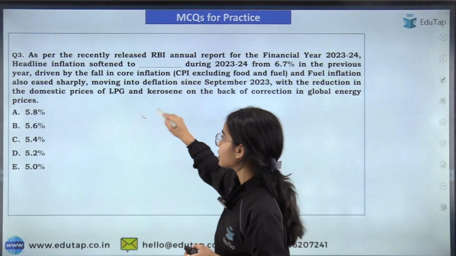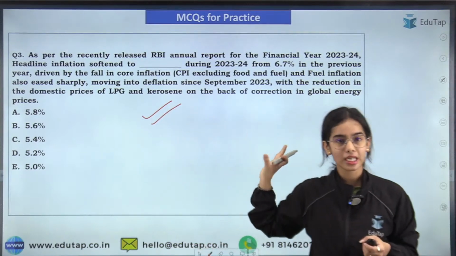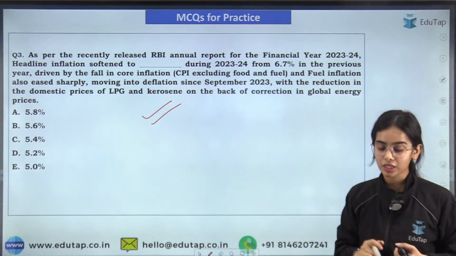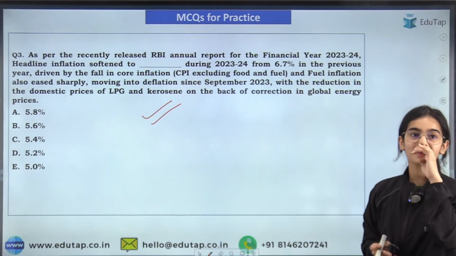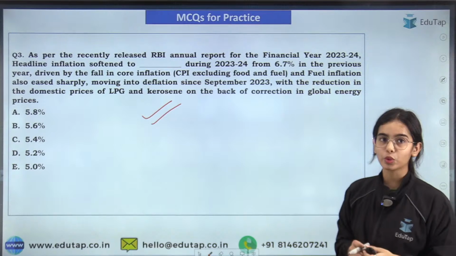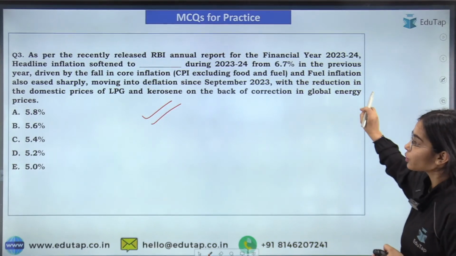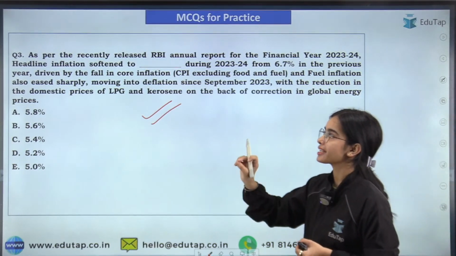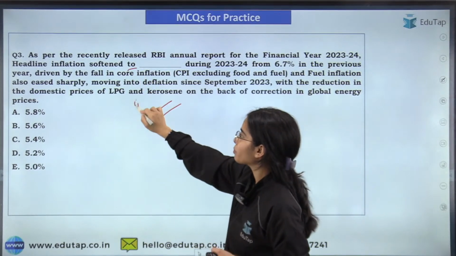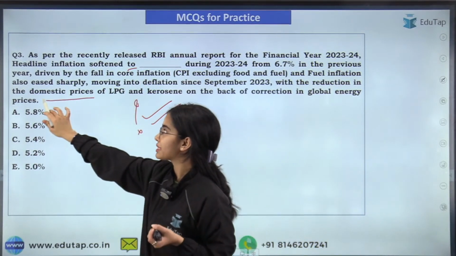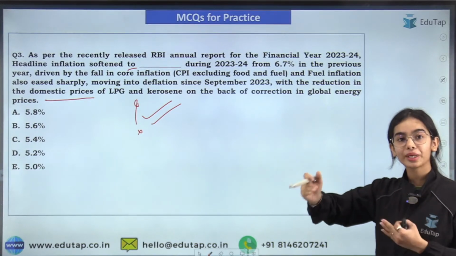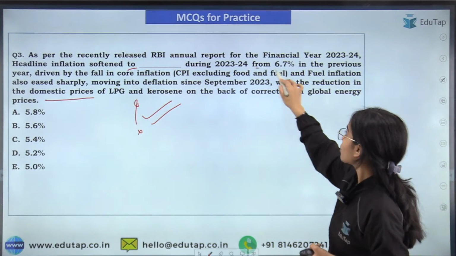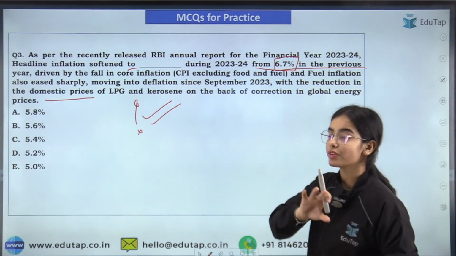So now coming to the third question. I hope the first and second questions are clear. Now coming to the third question, try to answer it. As per the recently released RBI annual report for the financial year 2023-24, headline inflation in India has softened to what percentage? Here we are talking about the domestic prices. So headline inflation softened to what percentage during 2023-24 from 6.7% in the previous year?